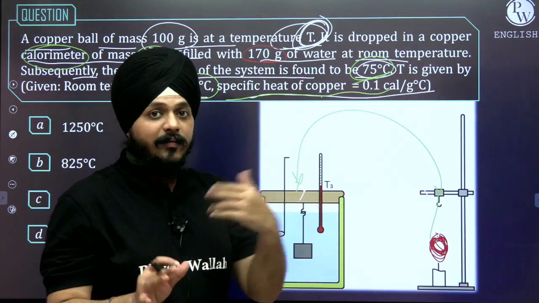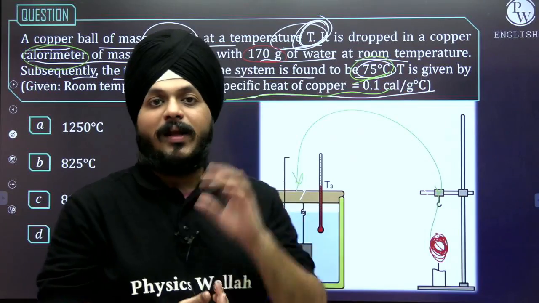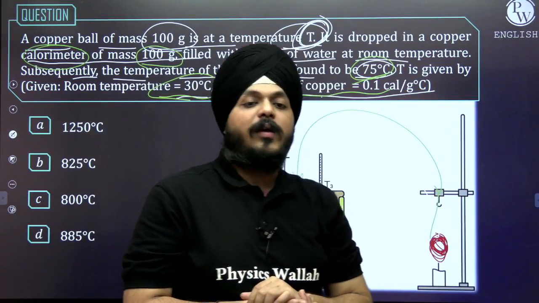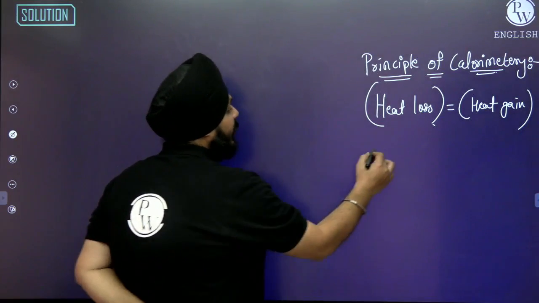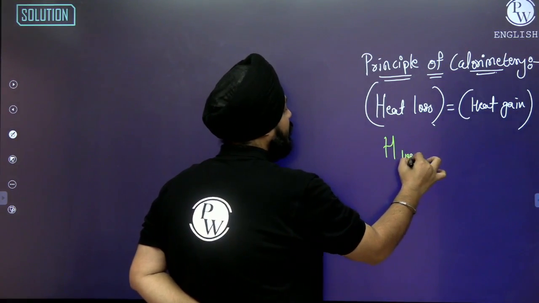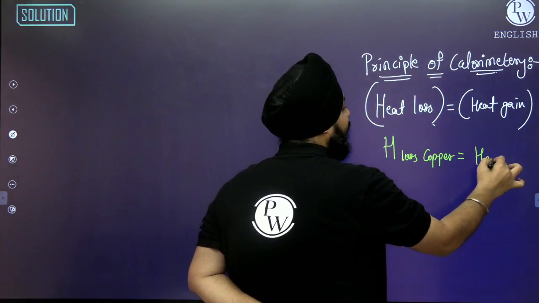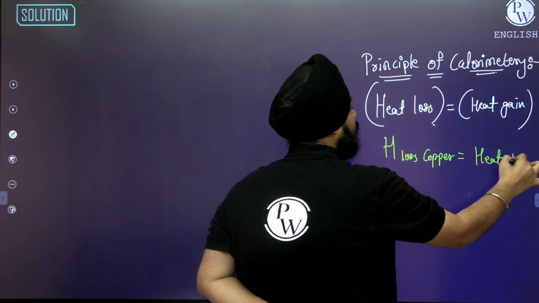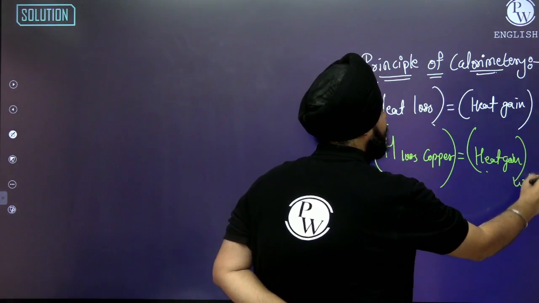In this problem, we are moving to the second case. No water equivalent is given. Water equivalent is something else, and we are not going to discuss that in detail. So here, heat loss by copper is equal to heat gain by water plus calorimeter.